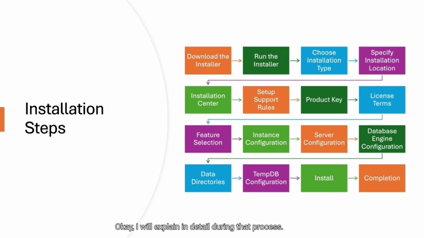I'll explain in detail during that process. We have to select one installation type and then specify the path where we are installing, and then we have an installation center.